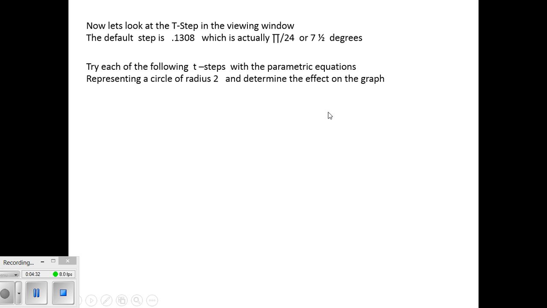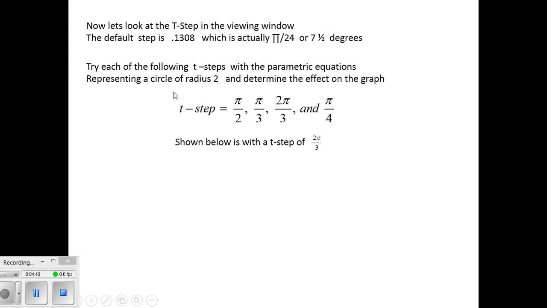So when you are graphing a circle with x equals 2 cosine, y equals 2 sine, you're actually not graphing a circle. You're graphing a multi-sided polygon, and in this case, you're graphing 24 sides on a half circle, so you're graphing a 48-sided polygon.